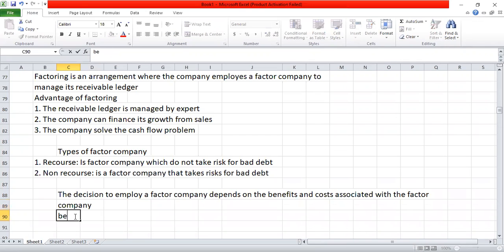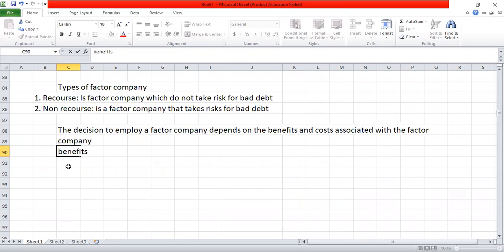So if you look at the benefits, you can maybe have a saving in finance cost, that if you employ a factor company, you can save the finance cost. You can also look at if it is a non-recourse, you are going to also save a bad debt, saving in a bad debt.